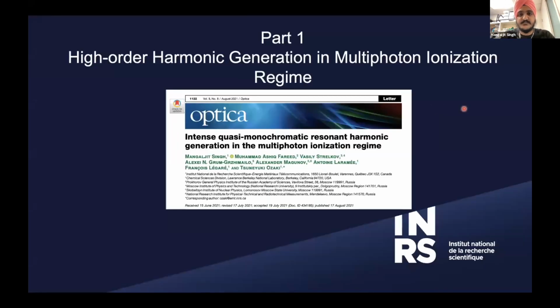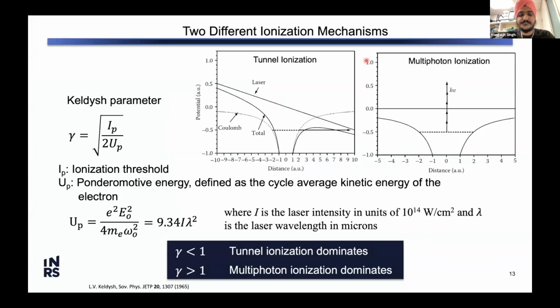So starting with the first part of the experimental investigations that I will discuss today, I'll talk about the generation of high-order harmonics in the multiphoton ionization regime. Previously we talked about the three-step model, which involved the tunnel ionization, which is the ionization of the electron due to the bending of the Coulomb potential under the influence of the laser electric field.